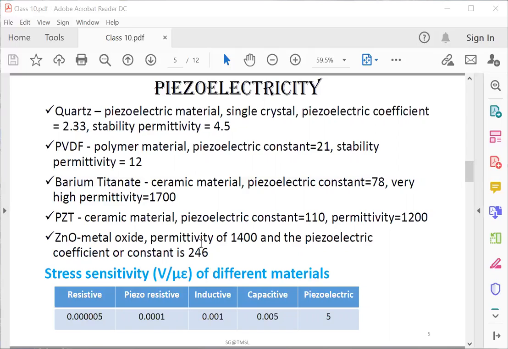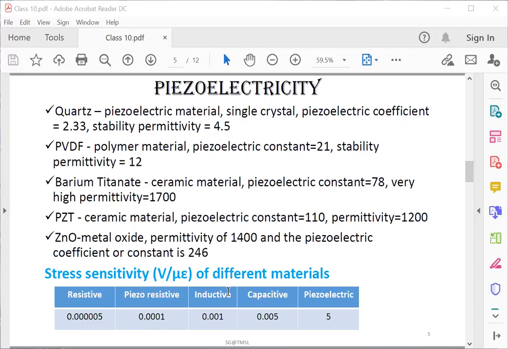Now if you see this bottom table, that shows the stress sensitivity of different materials. What is the effect on resistance if we apply certain mechanical pressure on a particular body? What is the effect on the piezoresistive effect, how is inductance changed, and the capacitance, and the piezoelectric effect is calculated.